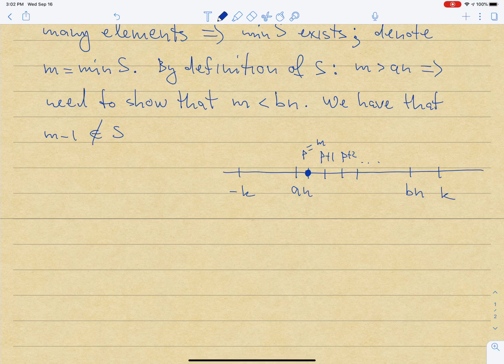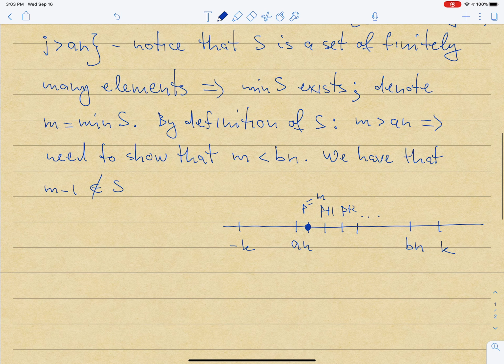Because S consists of all integers that are bigger than an, right? So if I take m minus 1, just like here on the picture, I'm going to end up below an, because if m minus 1 would be larger than an, then m minus 1 would be the minimum, but it isn't. So m minus 1 is not an element of S, and that means that m minus 1 must be less than an. And I don't need this picture anymore.